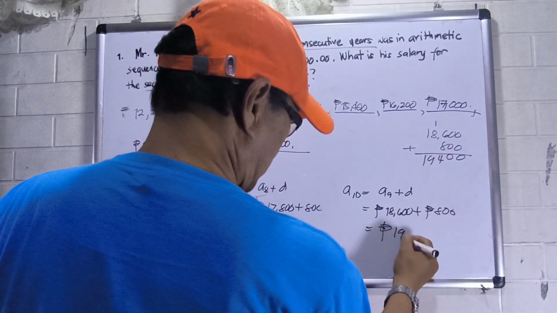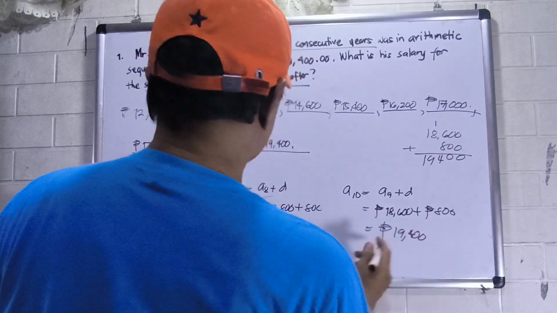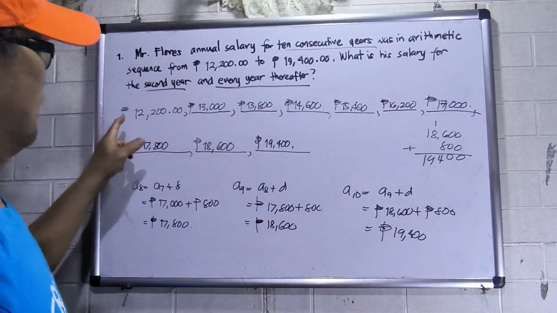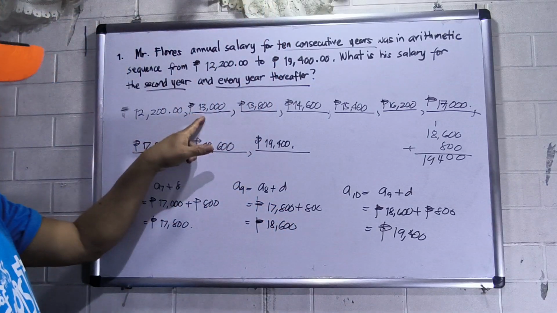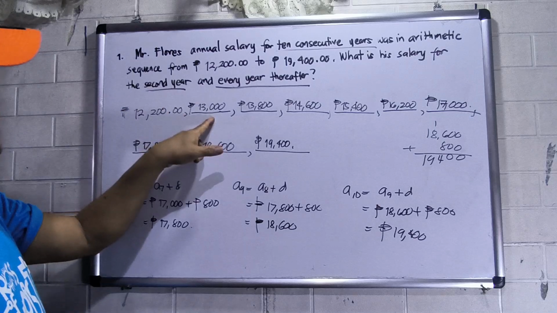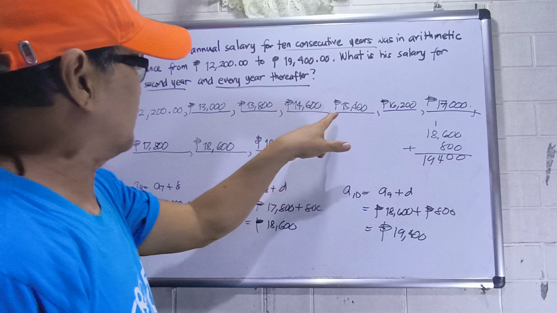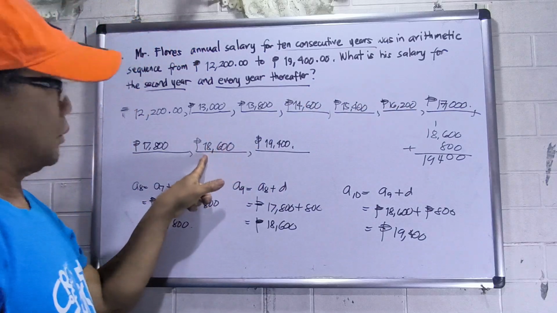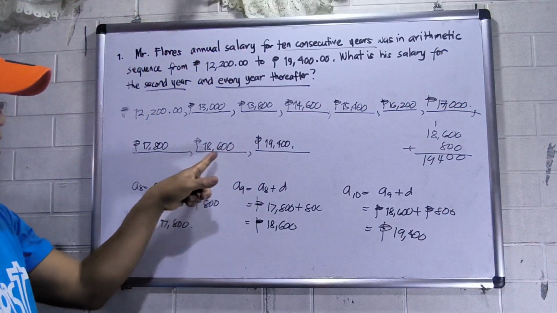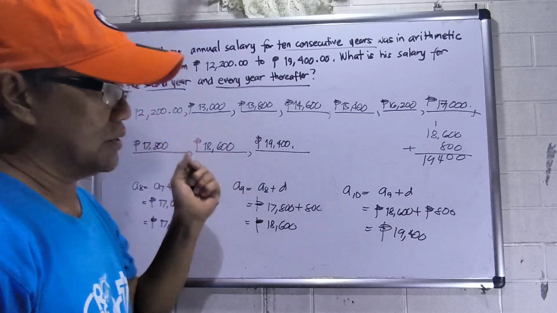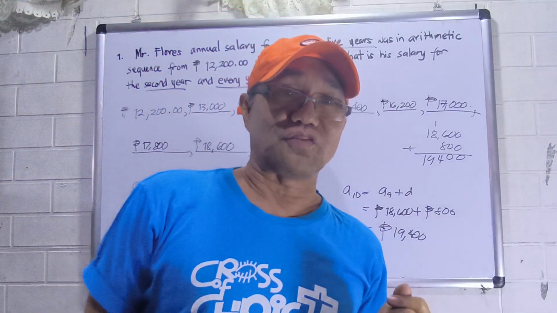So we come up with the correct answer for A10. So from A2, this is the first question, the second year of his annual salary, and then every year thereafter, the last will be 18,600. So that's all. Thank you for watching.